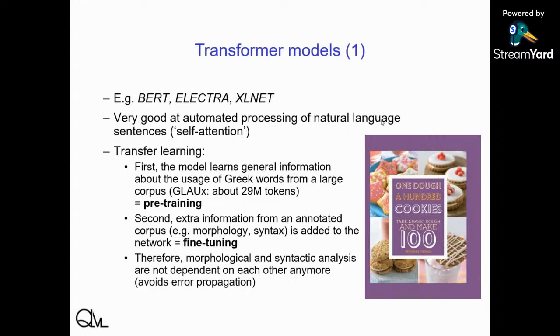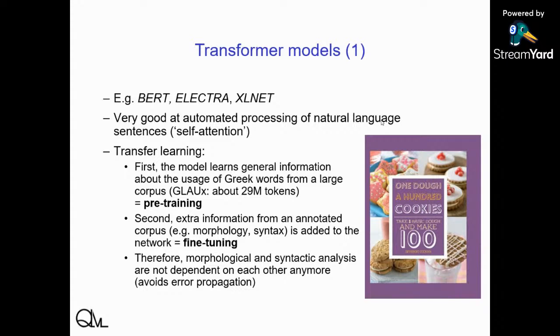These models first learn general information about the usage of Greek words from a large corpus. This step is called pre-training. Then extra information from an annotated corpus, information about morphology if you want to predict morphology, information about syntax if you want to predict syntax, is added to this network, which is called fine-tuning.